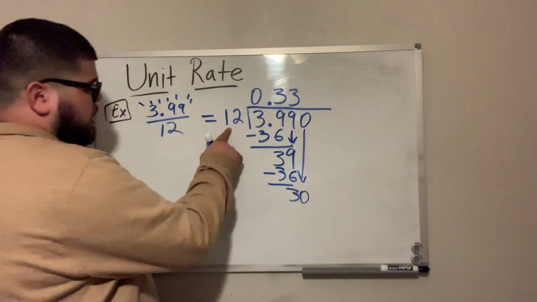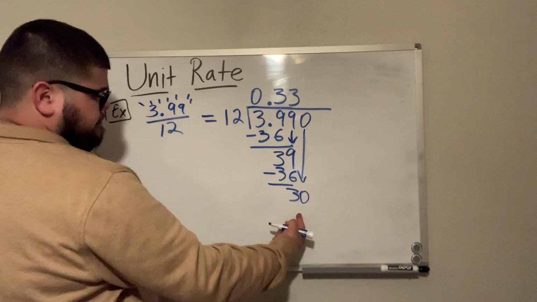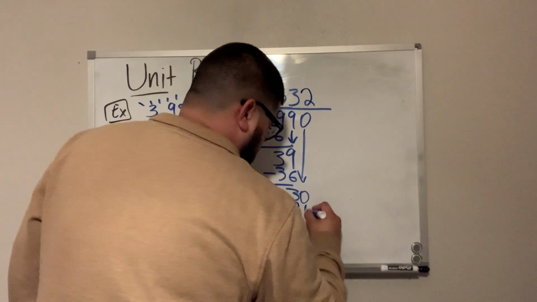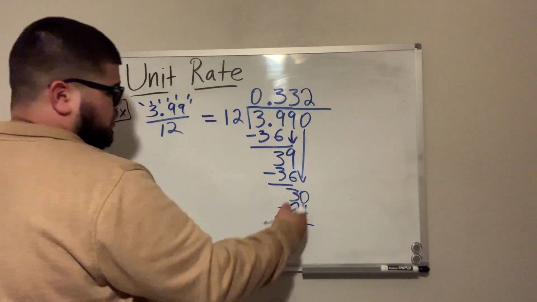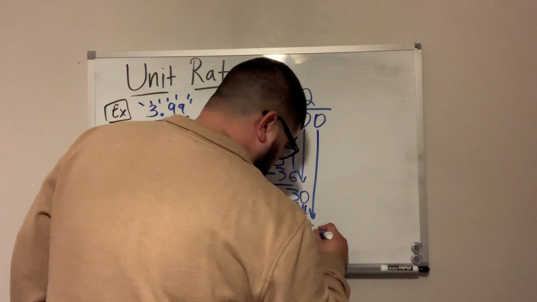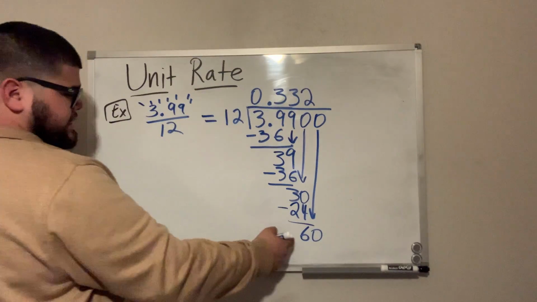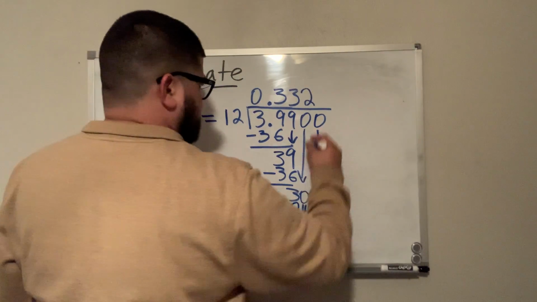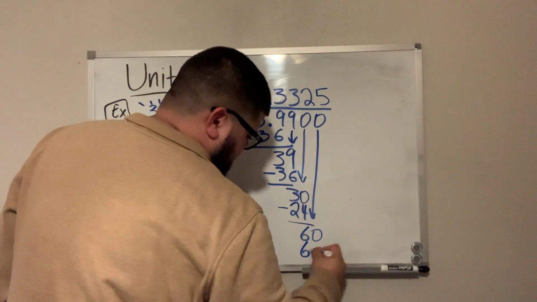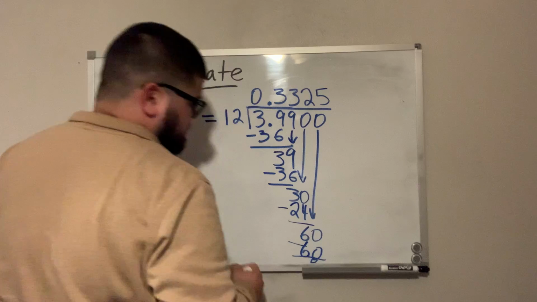How many times does 12 go into 30? 2 times. 12 times 2, we get 24. 30 minus 24, we get 6. We're almost there, I believe. Bring this 0 down. How many times will 12 go into 60? 5, right? 12 times 5, we get 60. 60 minus 60, we get 0.